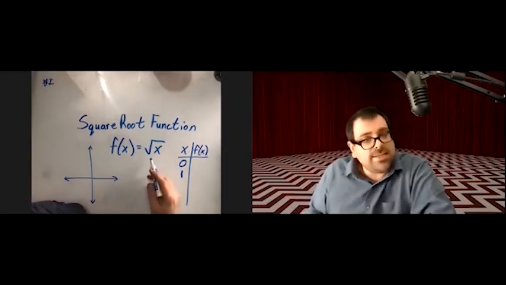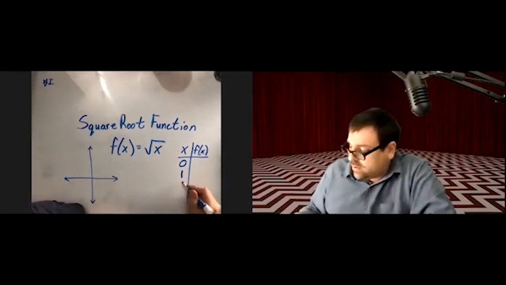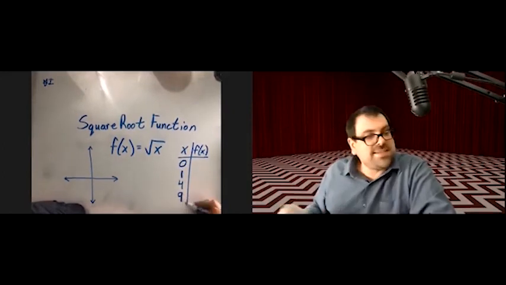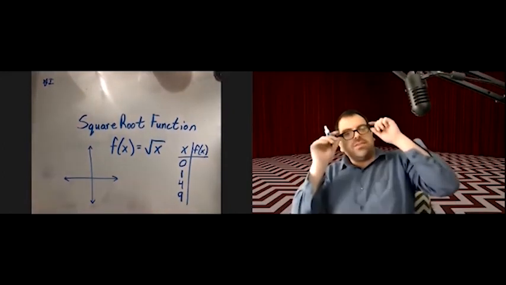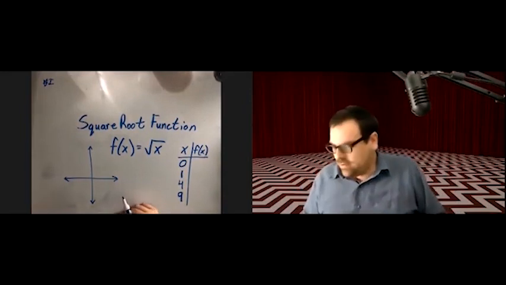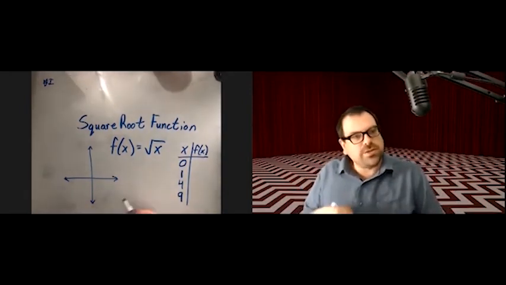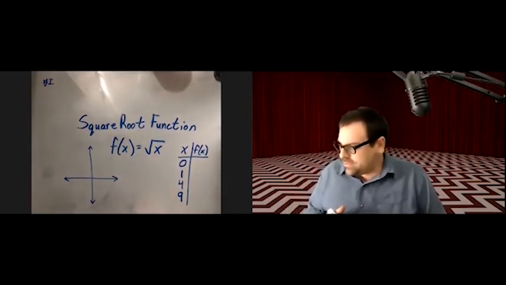What's the next thing I can take the square root of? 4. And then 9. If I wanted another point, I'd pick 16, and then 25, and then 36, and then 49. Because square roots of perfect squares, those are nice numbers.